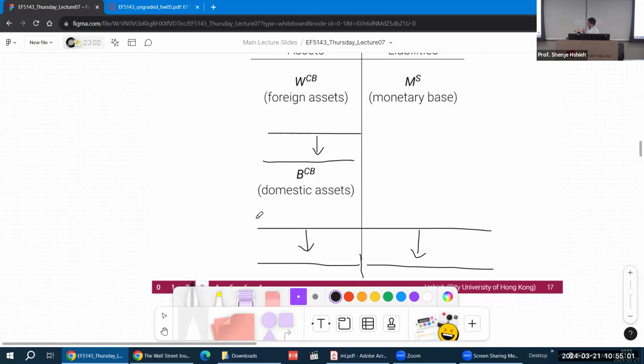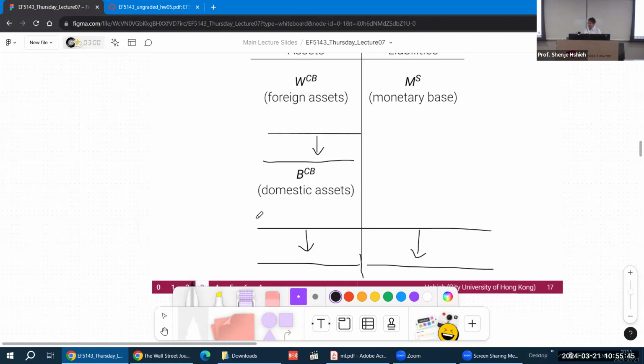Obviously this should be clear to you even before today: when you buy assets, your balance sheet increases. But suppose we don't want to expand our monetary base and want to keep it the same. All we want to do is change the proportion of our central bank's holdings of foreign and domestic assets. In other words, we want to tilt our holdings in favor of foreign assets as opposed to domestic assets. So one would need to sterilize this action by going into the open market and selling something.